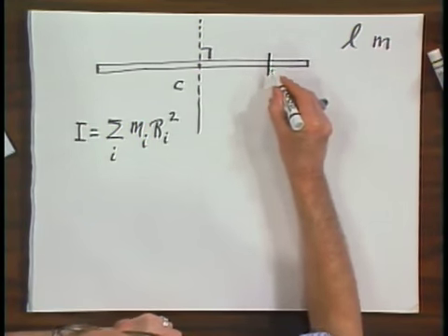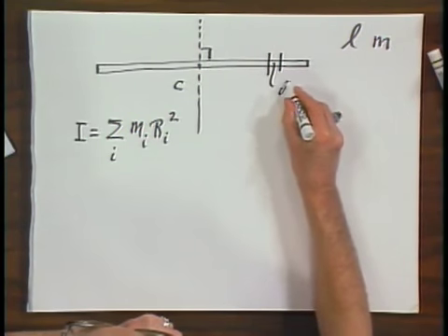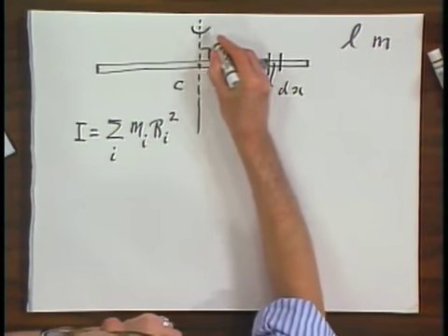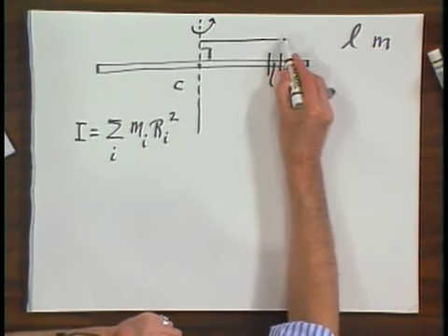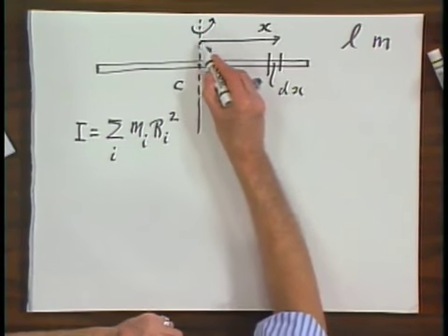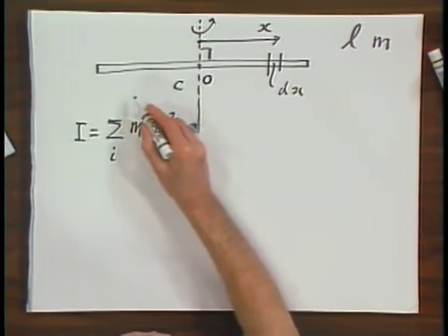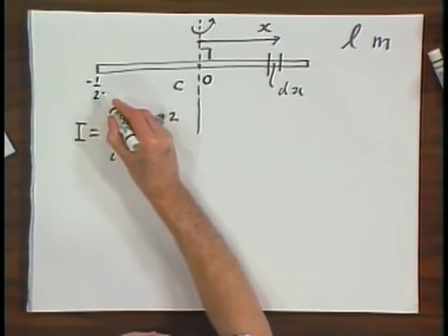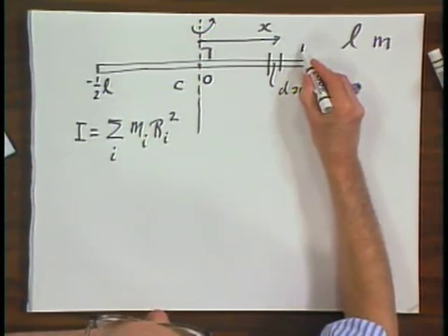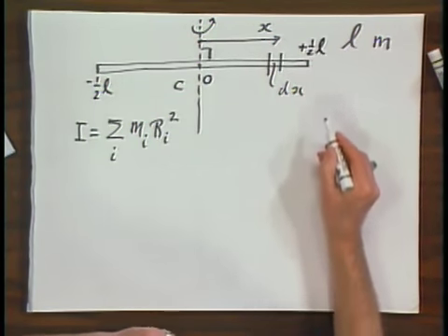I slice out here a small section dx. This is the axis of rotation, and this is at a distance x from the axis of rotation. I call this x equals 0. X would equal minus 1/2 L here. X equals plus 1/2 L here.